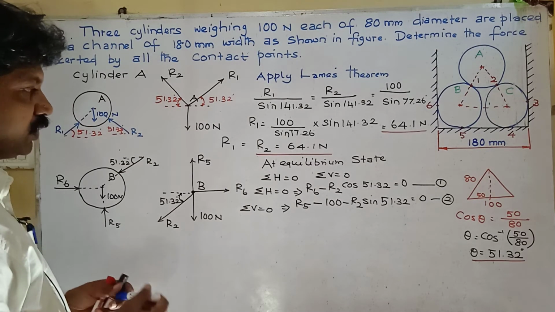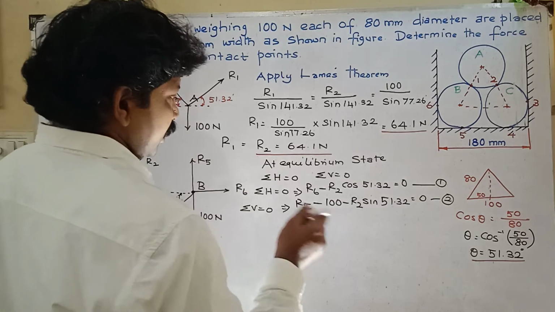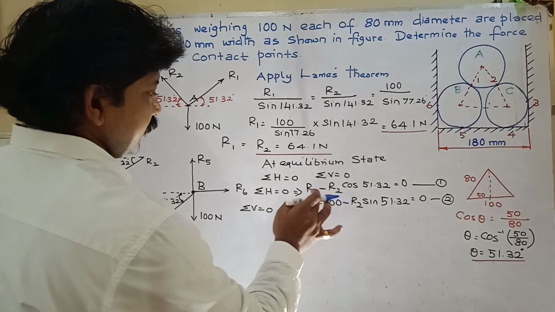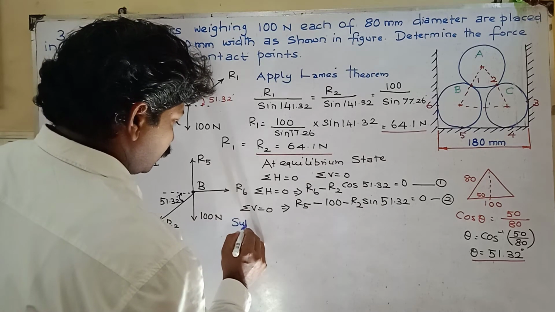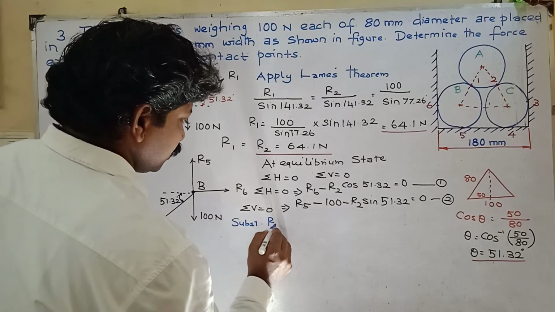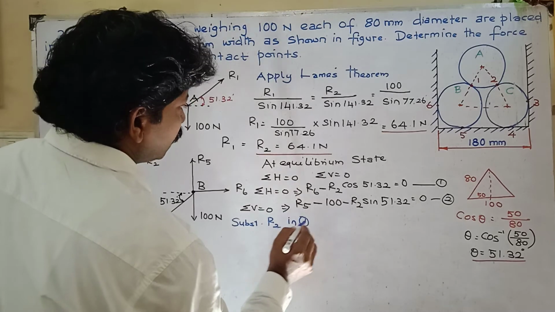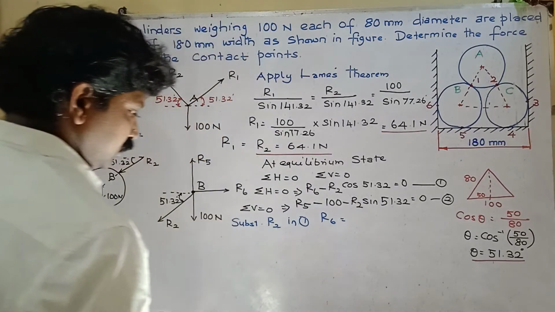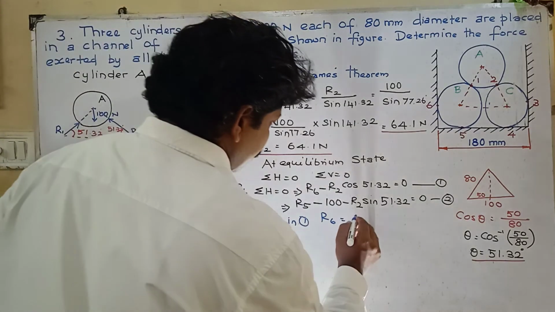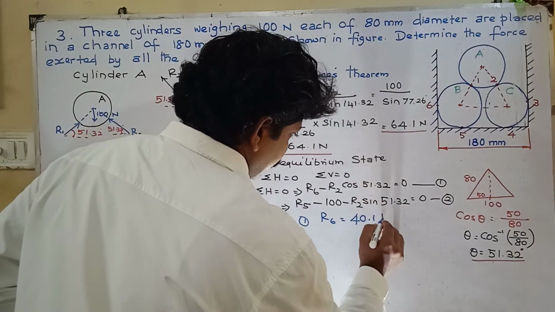Now substitute R2 value in equation 1. Substitute R2 in 1, find the value R6. R6 equal to 40.1 Newton.